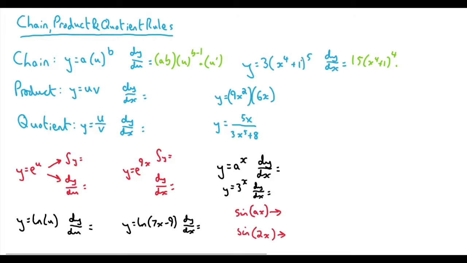When you differentiate, the 1 is going to disappear, and x to the power 4 is going to become 4x cubed. It's up to you at this point whether you would then times that all together, so you'd have 60x cubed and then brackets x to the power 4 plus 1, close bracket, to the power 4, or you just leave it in that form. It may depend on what the question is asking of you, but that is how you will initially treat something if it's in brackets to a power.